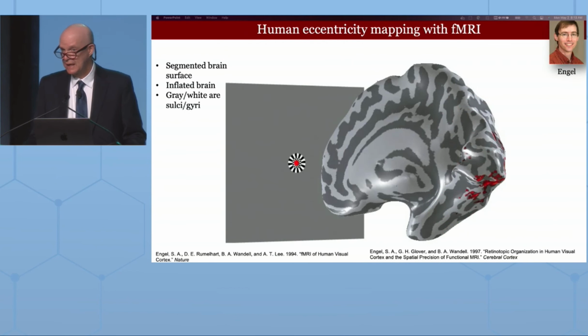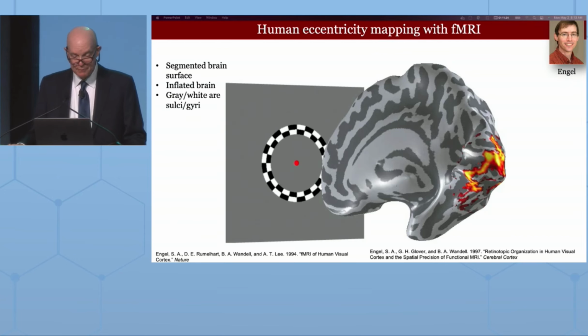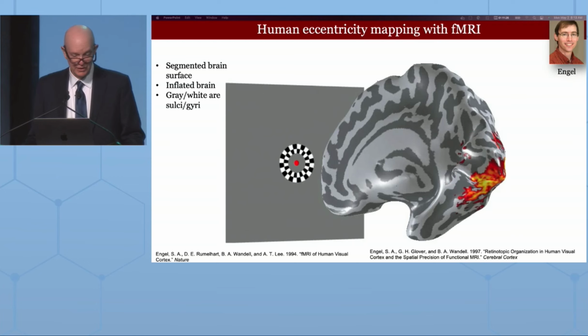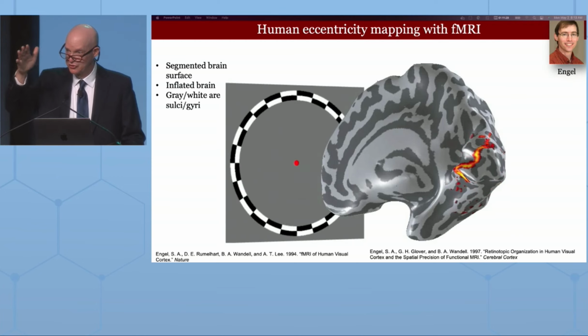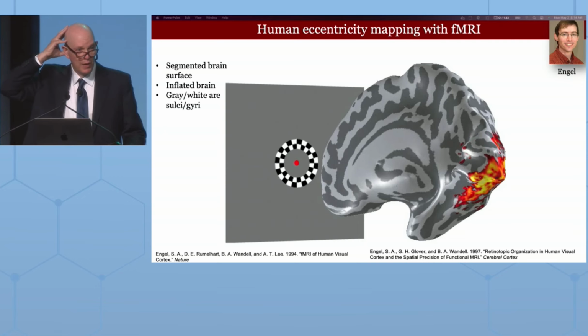And the basic idea of how you make those maps and that progress started with some simple experiments like the one shown here. A subject is staring at this red fixation. I'm showing you an inflated version of their right hemisphere.